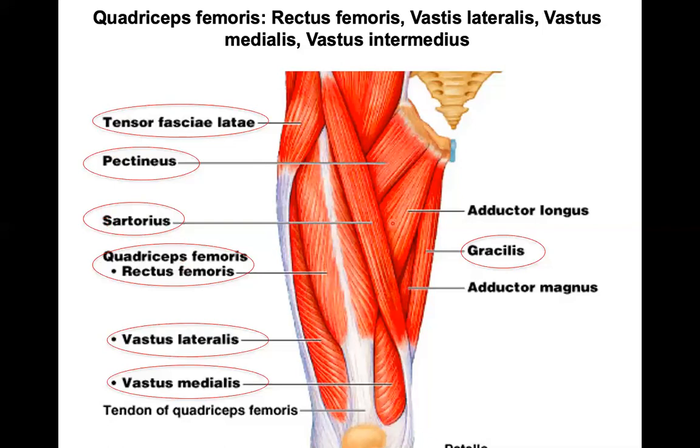We also have a muscle connected to the pelvic bone called the pectineus, and adductor longus and adductor magnus in order. So these are the muscles that form the anterior aspect of the thigh: your quadriceps, your sartorius, your pectineus, adductor longus, and adductor magnus.